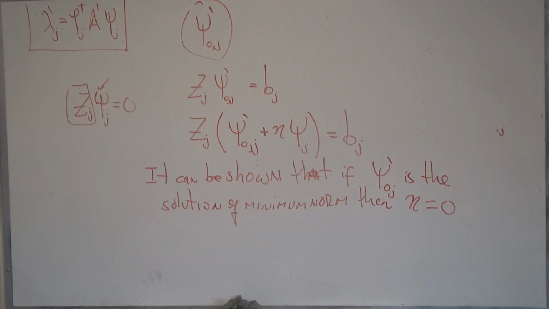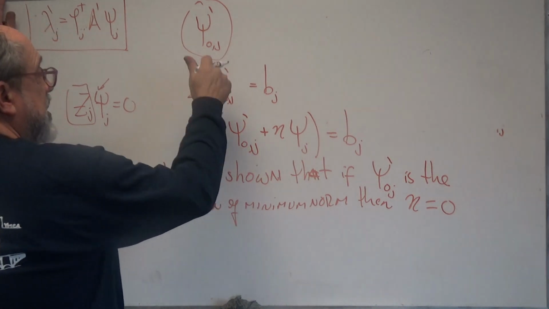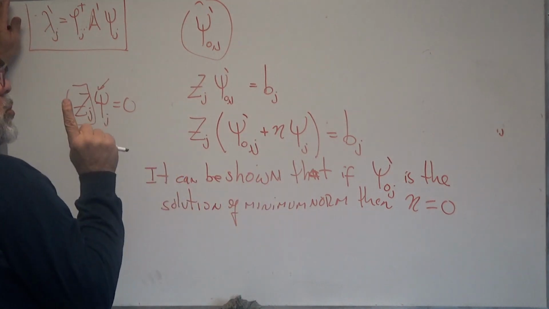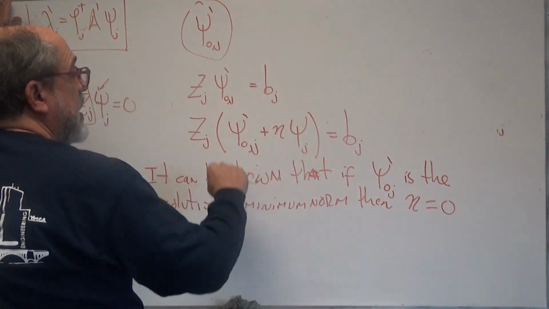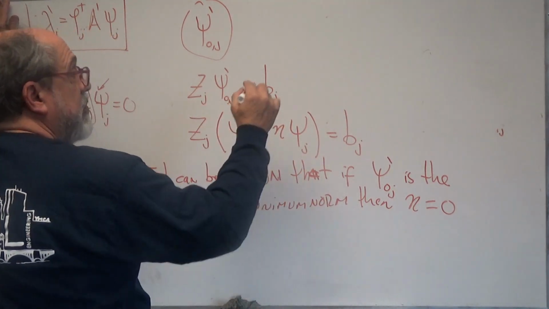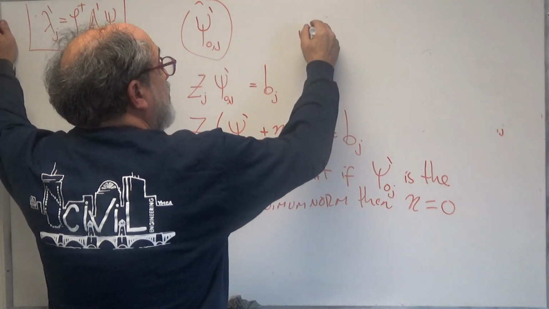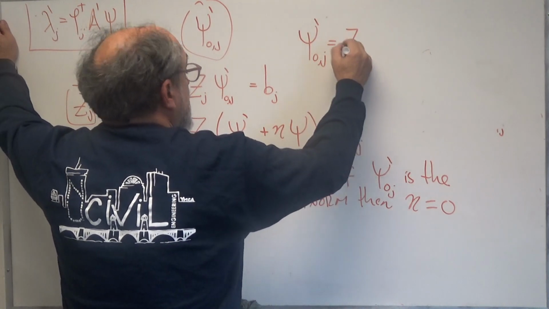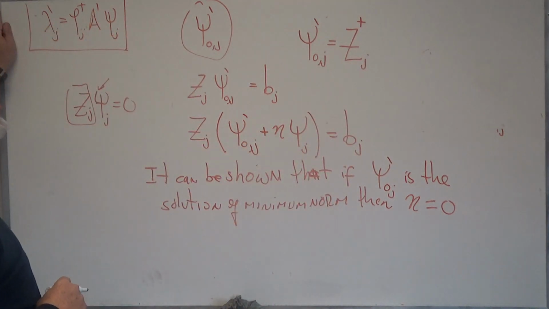Okay? Now, what we mean by the solution of minimum norm is, of all the possible vectors that you could multiply times Zj that give bj, there is one solution for which the norm of that vector is the smallest. That solution is what we call the pseudo-inverse solution. So phi 0j prime is simply Zj, and this plus sign means pseudo-inversion.